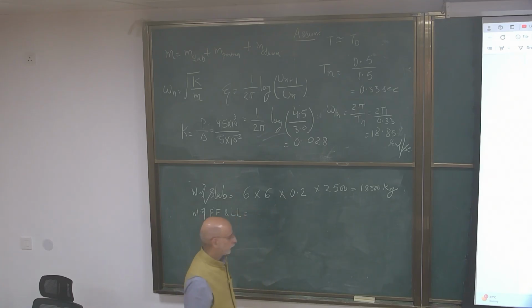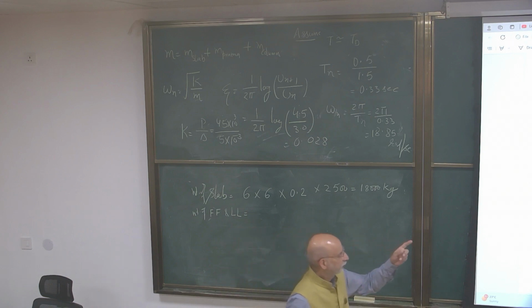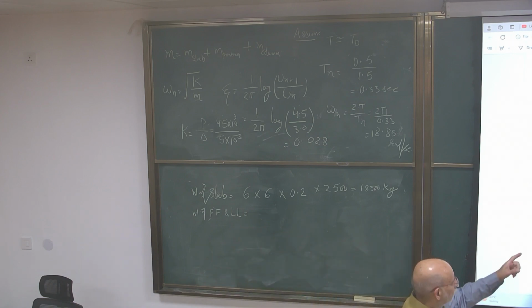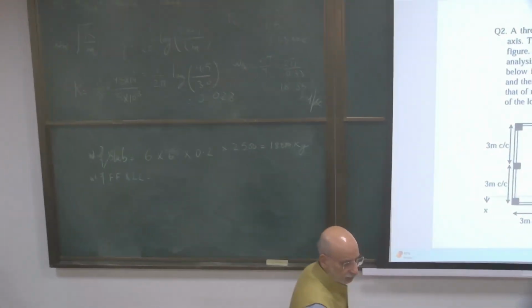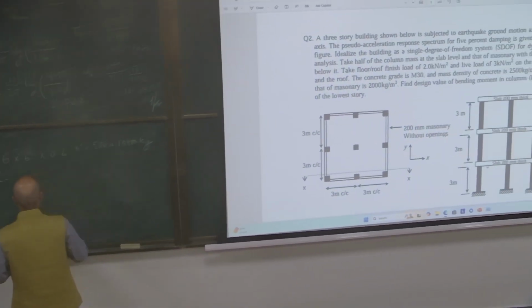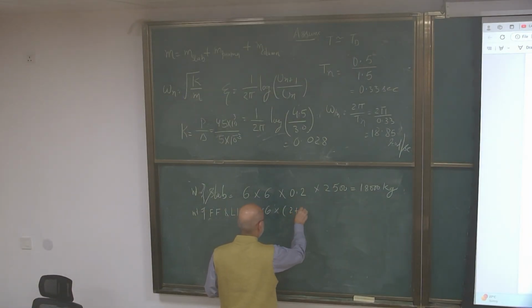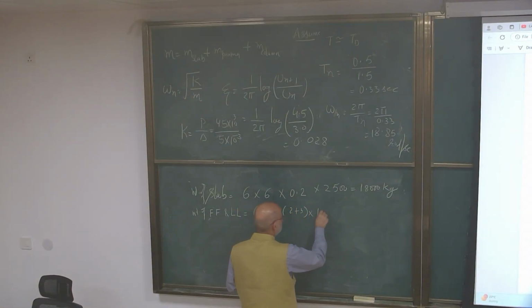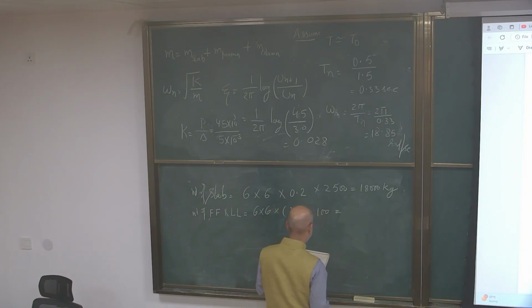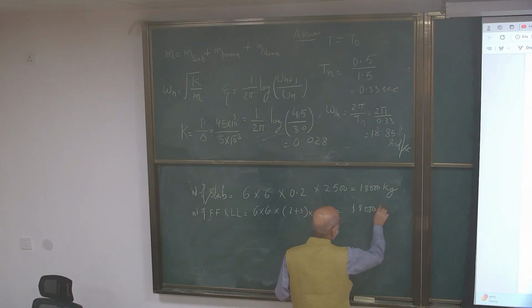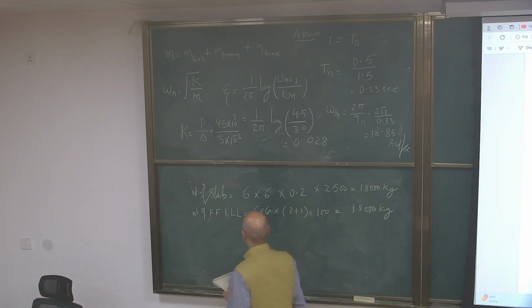That's all? Okay, good. So now floor finish and live load are already given. Floor finish is 2 and live load is 3. Okay? So how much is it? 18,000. 18,000? Walls.